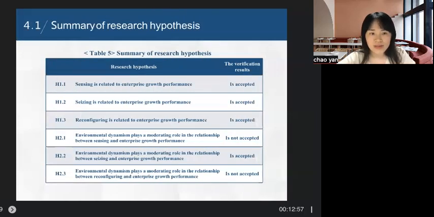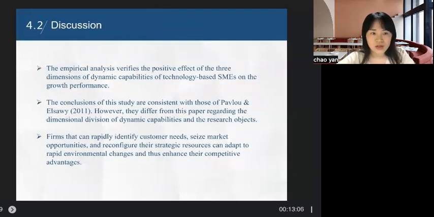Our hypothesis testing results are as shown in Table 5. So we got the following conclusions. The empirical analysis verifies the positive effect of the 3 dimensions of dynamic capabilities of technology-based SMEs on growth performance.